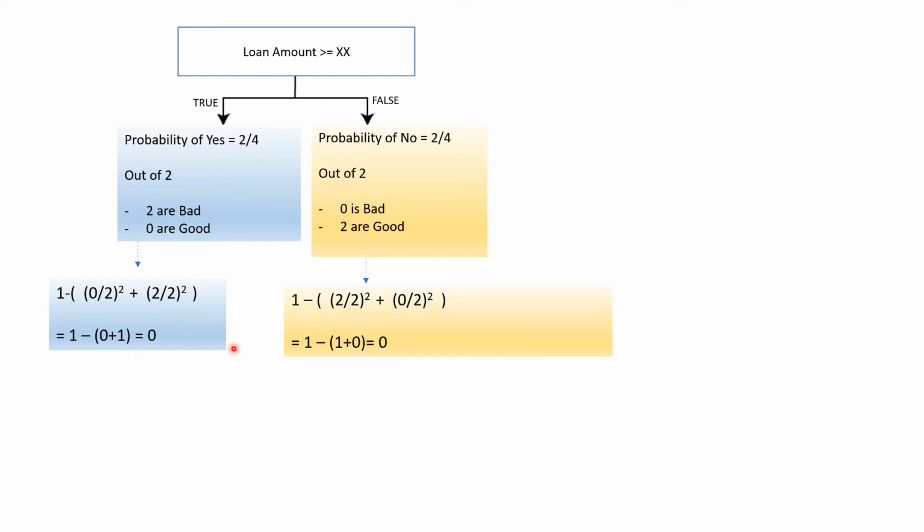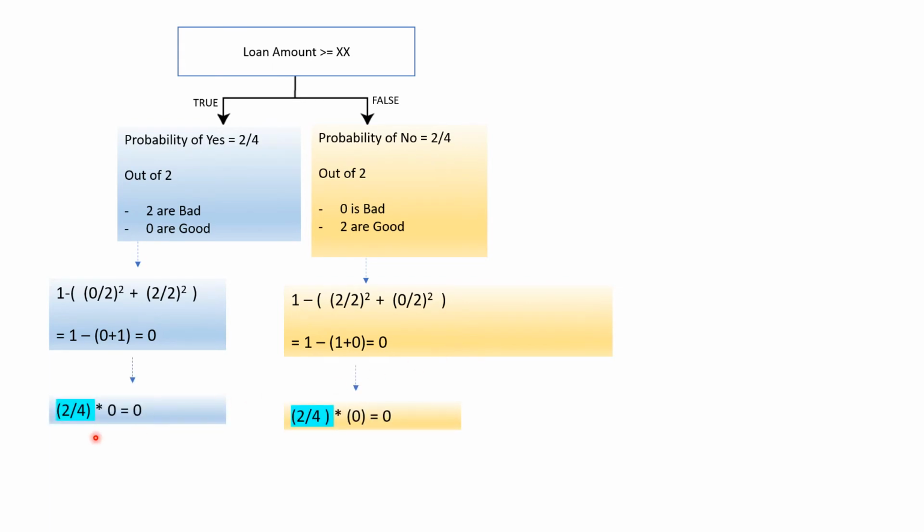Because it is a pure node. Whenever it is a pure node, the Gini index will come out to be 0. Now, similarly, if we compute the Gini index here, what is it going to be? Sum of squared probabilities for good, 2 out of 2, and for bad, 0 out of 2, each squared. When we add this, we get 0.